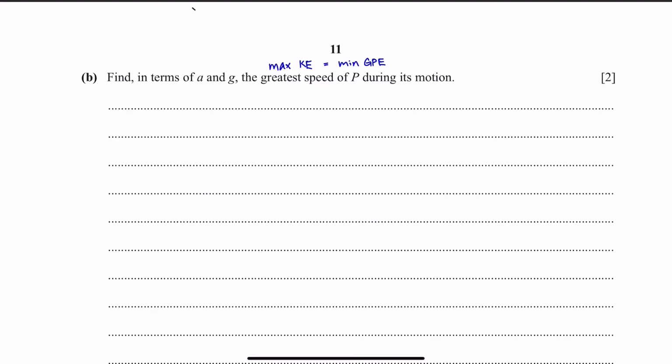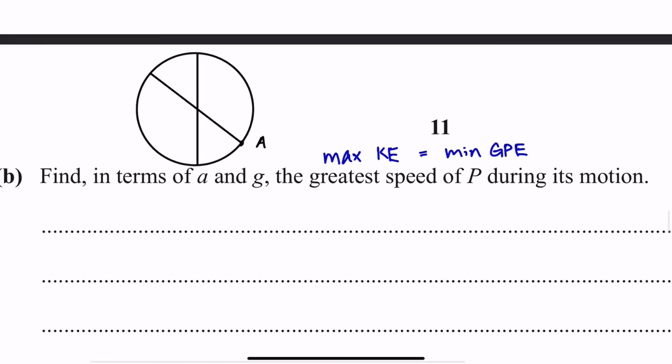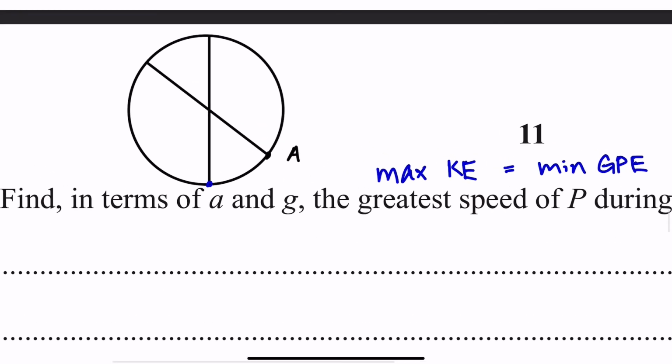So let's draw a circle again. This is the vertical. This is point A. So at the lowest point, what is the height?